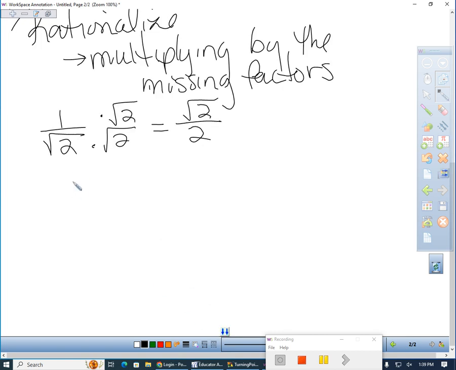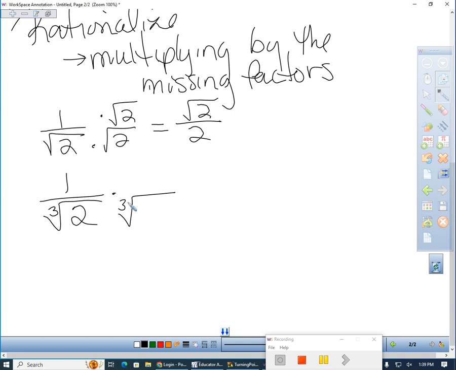If I have 1 over the cube root of 2, I have to multiply by the missing factors to get rid of that radical. So that means I'm multiplying by a cube root, but if it's a cube root, how many 2's do I need total? 3 total, right? If I need 3 total, I only have 1. How many more am I going to have to put in the other radical?